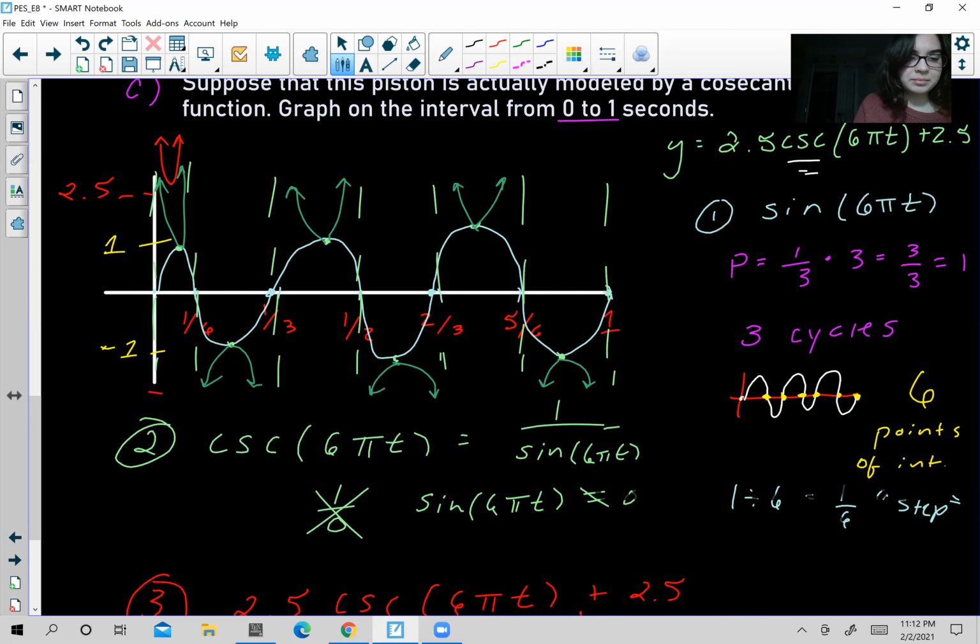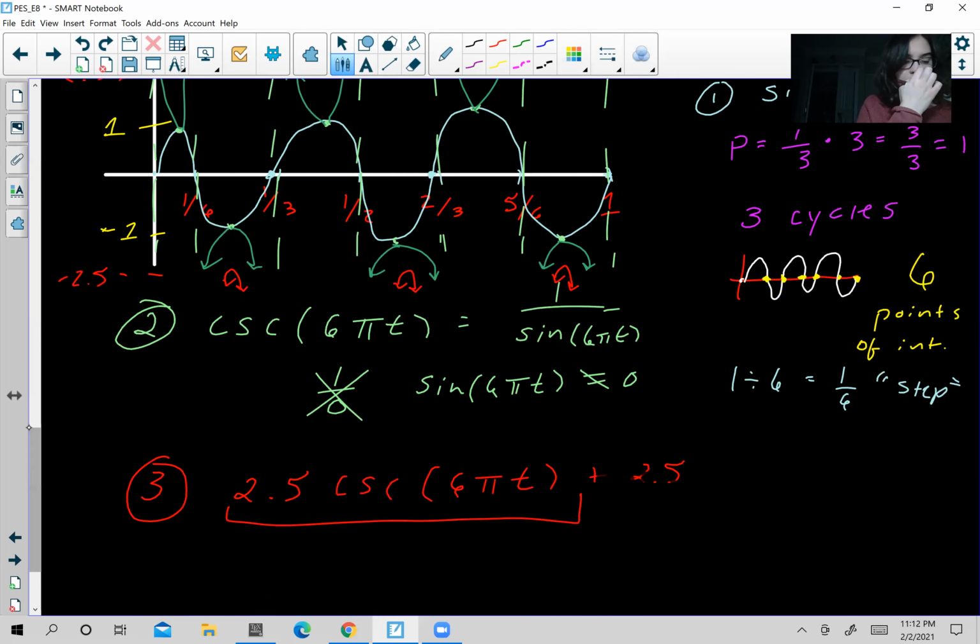And then I'm totally running out of space. So I'm just going to tell you what you would do for the vertical shift. The vertical shift is pretty similar. You're just going to shift everything up by 2.5.